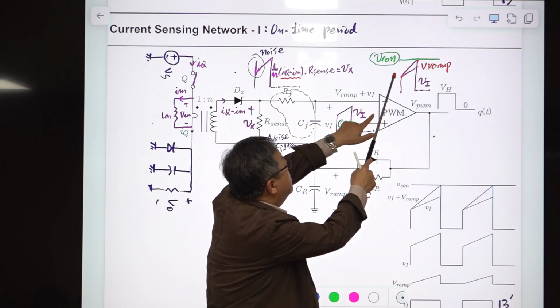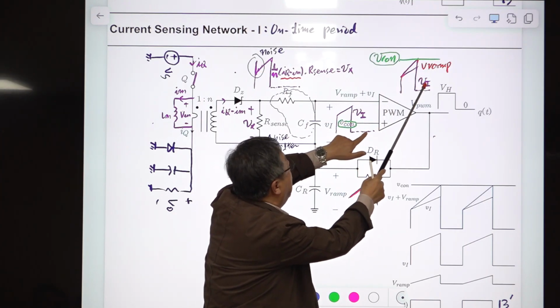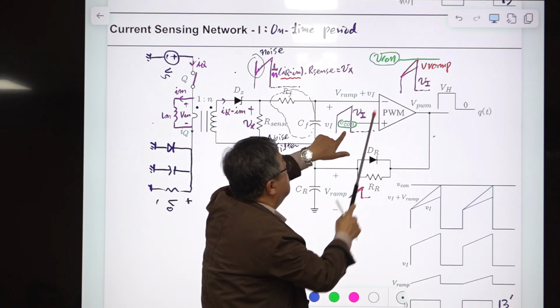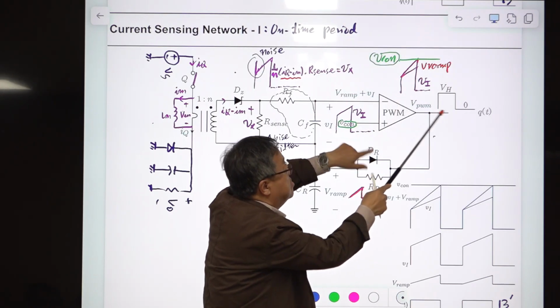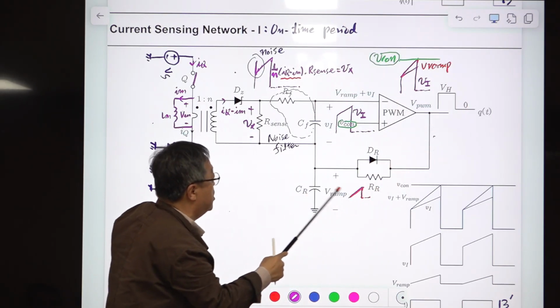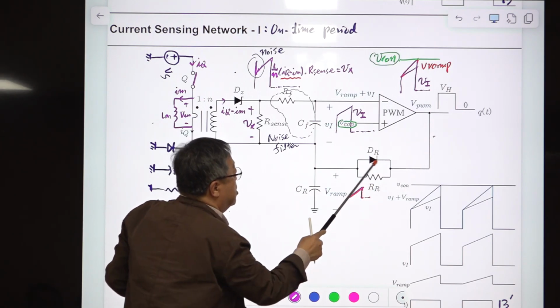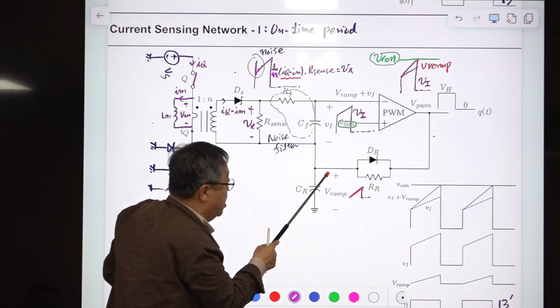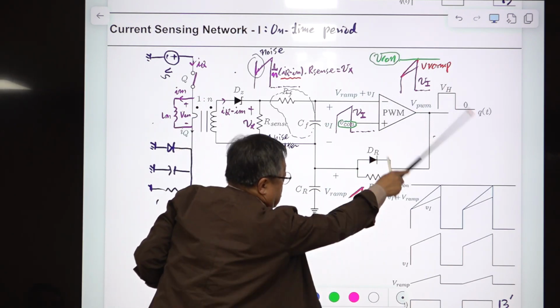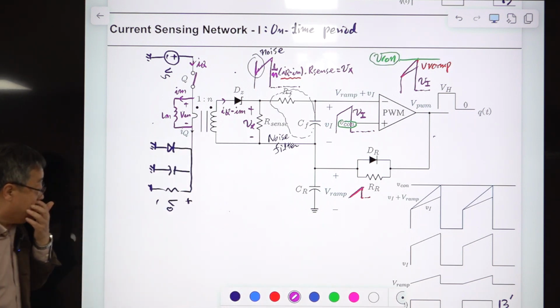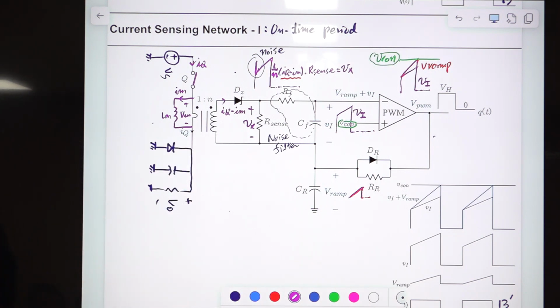This is Vlam plus Vi. When it hits this voltage, this becomes low. Because this is ground, this diode will conduct, and that charge will be discharged instantaneously. That is the waveform of the current mode control here.